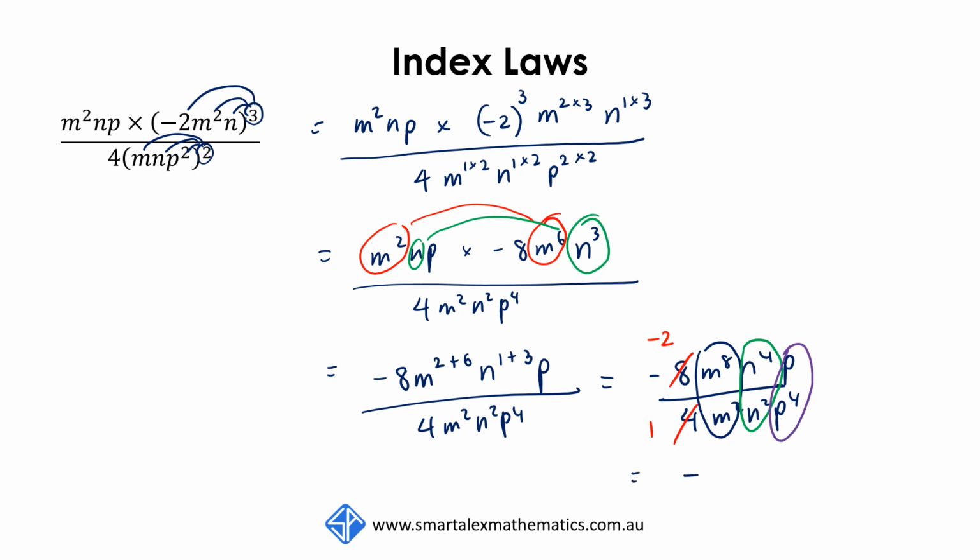This will give us negative 2, m to the 8 minus 2, n to the 4 minus 2, p to 1 minus 4, which is minus 2 m to the 6, n squared p to the negative 3, which is the same as minus 2 m to the 6, n squared all over p cubed.